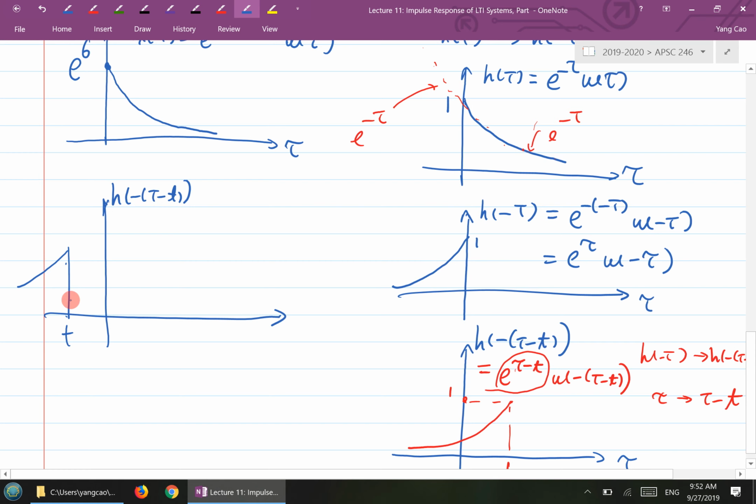And then this t will keep changing, so this curve will keep moving to the right. Then the overlap occurs now. In this case, there's only one pattern of overlap, because it doesn't matter how far this curve moves to the right, the overlap always happens from where to where?